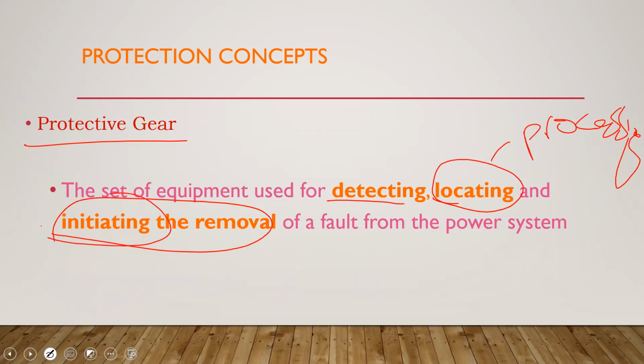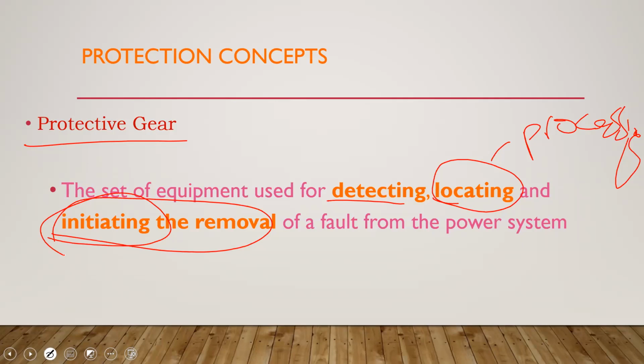The initiation would come from the relays, because the relays will indicate what action needs to take place. So they will say whether or not we should be issuing an alarm or whether we should be isolating.